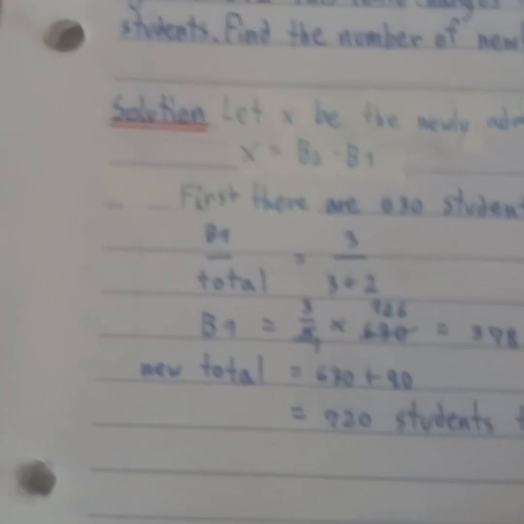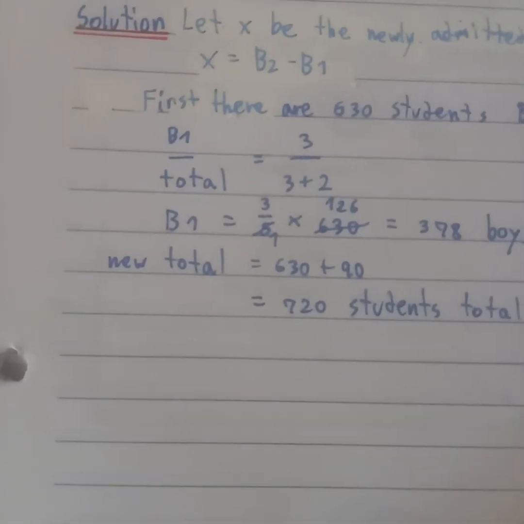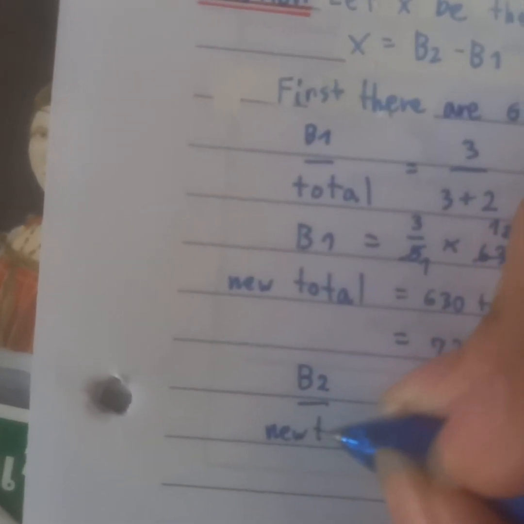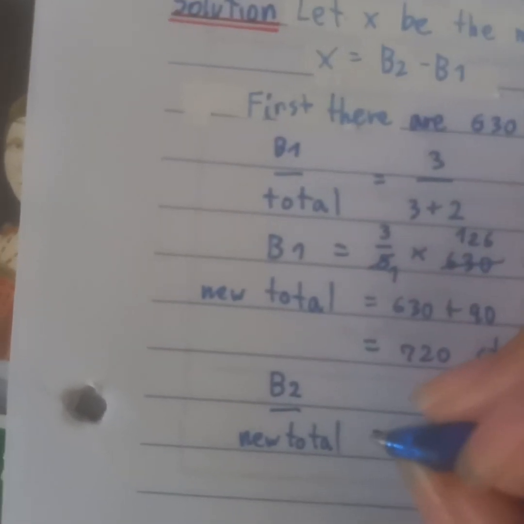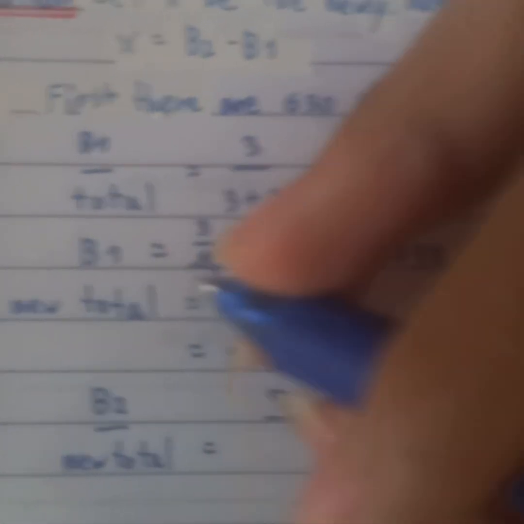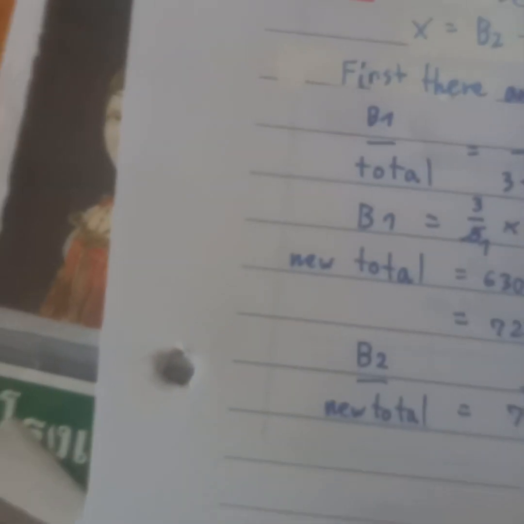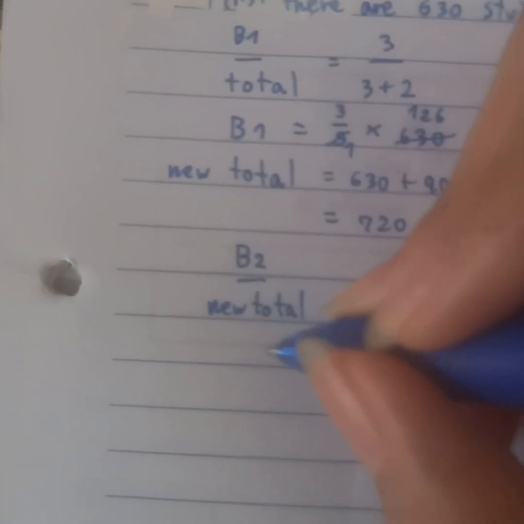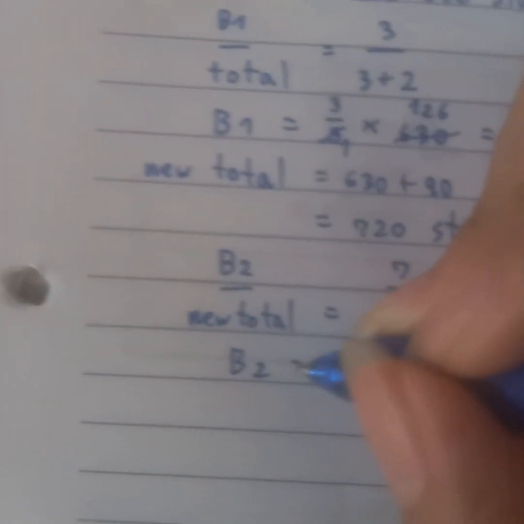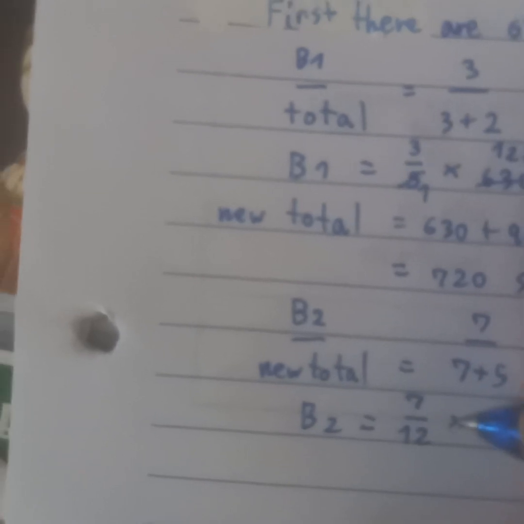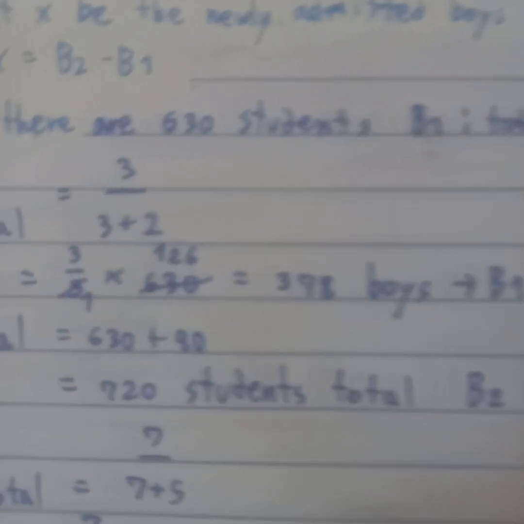So we can rewrite that as a fraction: B2 over new total equals 7 over 7 plus 5, which after we calculate gives B2 equals 7 over 12 times the new total, which is 720 students.